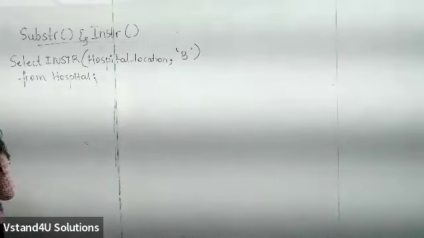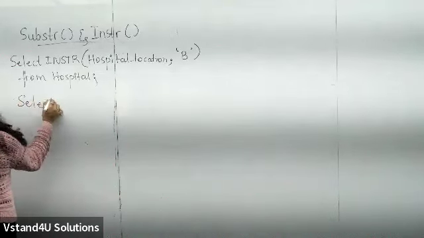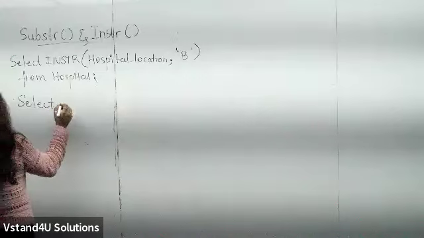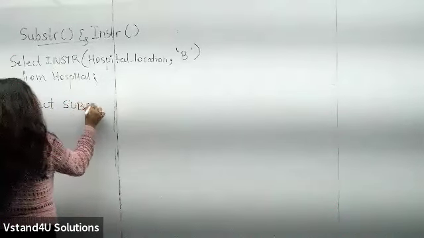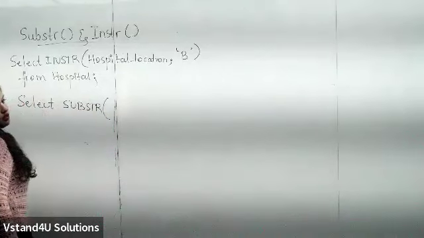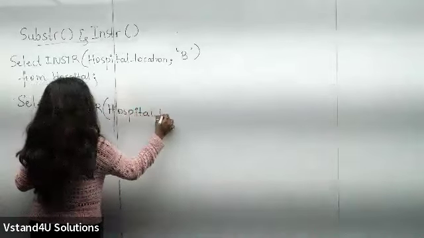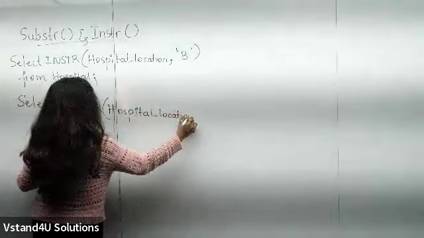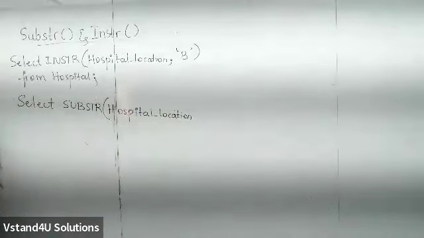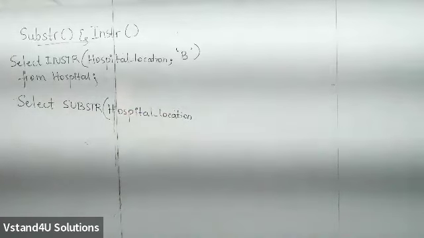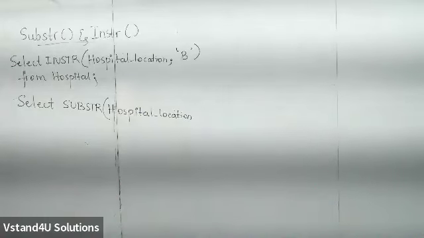Guys, clearly observe. Select. Write a query to retrieve the substring from hospital location. So the first function is substring. Substring of hospital location. Now what are they saying next? From the position where character B appears in the hospital location. So it is instring.